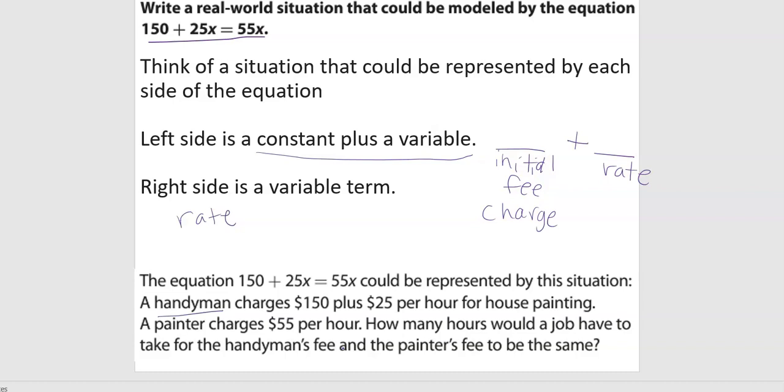So maybe you had a maid service, Molly's Maids, and they charged $150 initially and then $25 per hour. And then you had Polly Perfect over here, and they charged just $55 an hour. There was no initial fee. How many hours would I have to have these people clean my house for them to be the same? So it's the same type of idea. So you can get creative with it if you want.